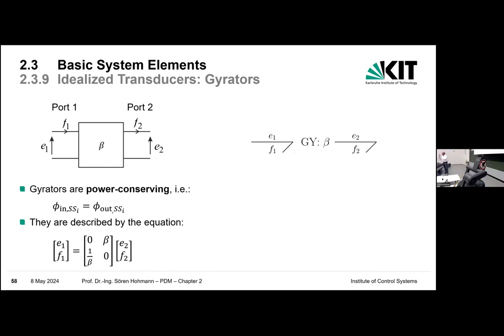Then you get efforts to flows and flows to efforts. So obviously, we can always transform something like a capacitor into an inductor and then the inductor into a capacitor, something interesting we should understand later on. But at that point, we know we have these types of coupling elements, gyrators, transformers, etc.